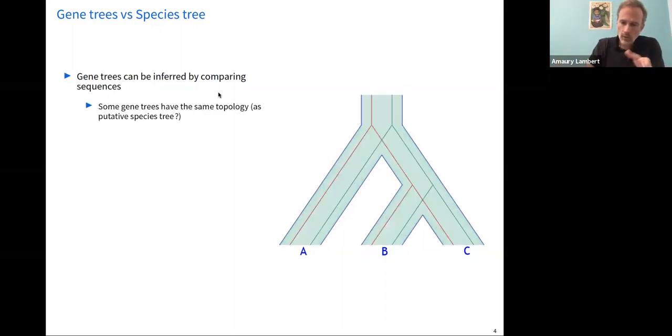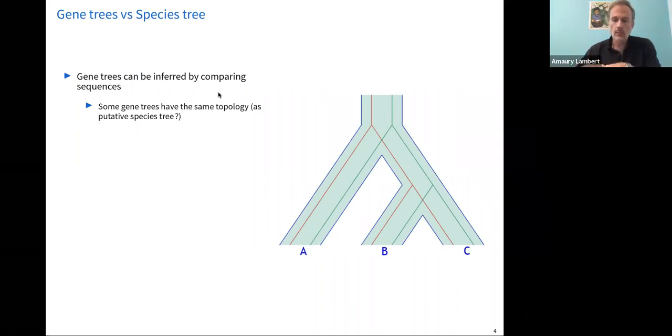And so there are two possibilities. So the first possibility is that the gene trees, as you can see here, the green and the orange lineage have the same topology, meaning that B and C are more closely related than to A. And so if all gene trees have the same topology, then it's simple.